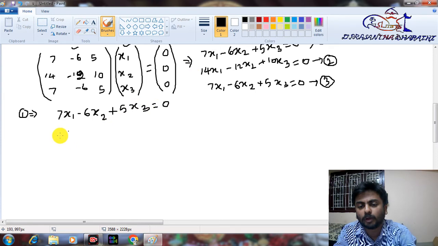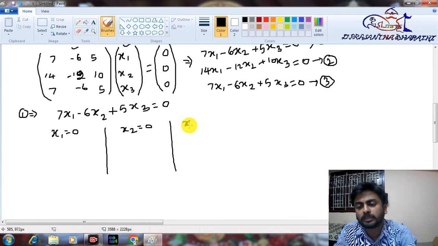So now we can get three eigenvectors by substituting x1 equal to 0 for the first case. For the second case also we can substitute x2 equal to 0. For the third case also we can substitute x3 equal to 0.